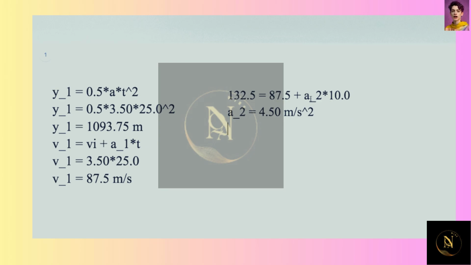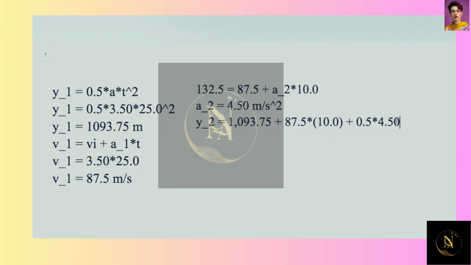Okay, so now if we want to find the height after both the first and second stages, we put all this together. So y2 is equal to the position after the first stage, which is the answer we got over here, plus the velocity after the first stage times the duration of firing during the second stage, which is 10 seconds, plus 1/2 times this new acceleration a2 times 10 squared.